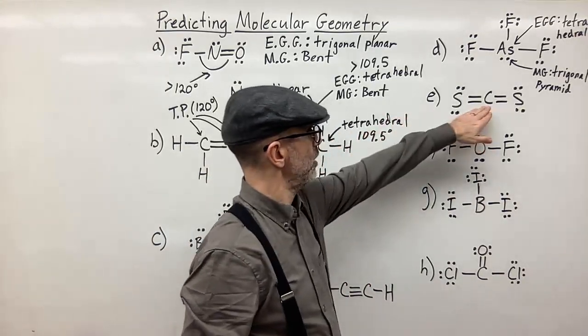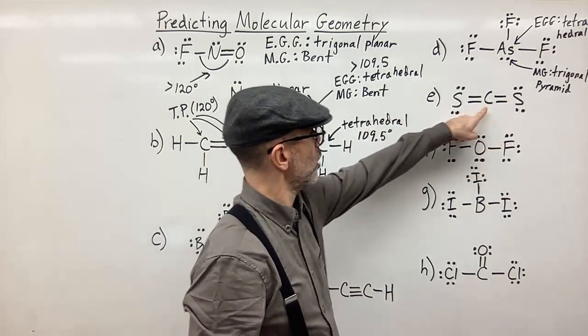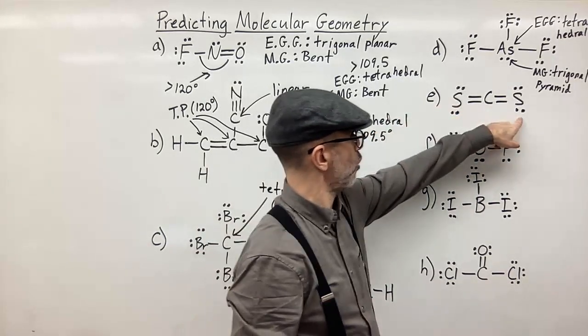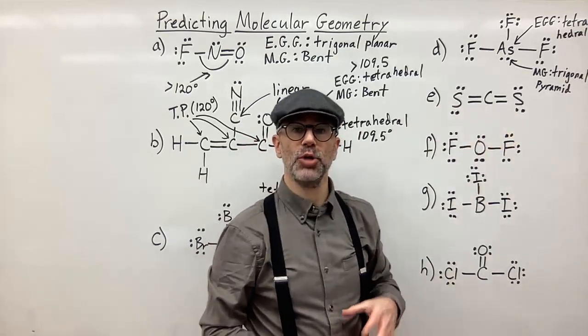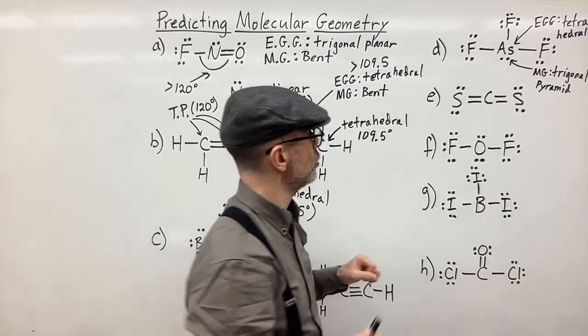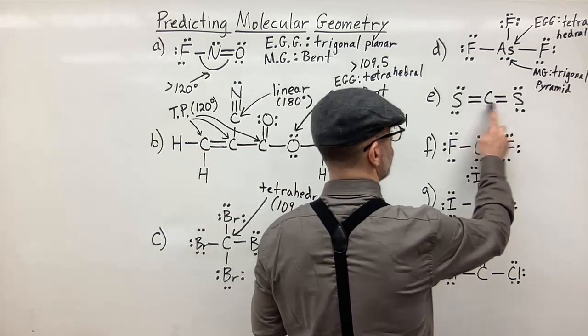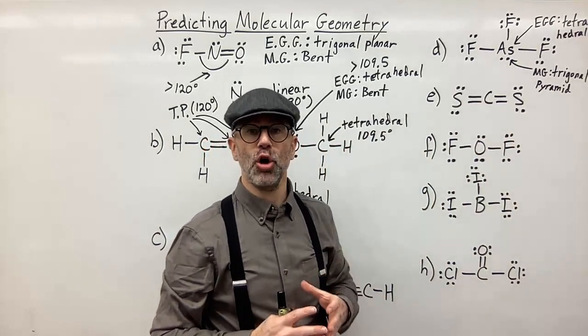For this one, again, I only have one central atom here. So carbon is the central atom. I have two sulfurs bonded to it. Each of these is a double bond, but again, we're going to treat each double bond as one electron group. So according to this, I have two electron groups around my central atom, no lone pairs.